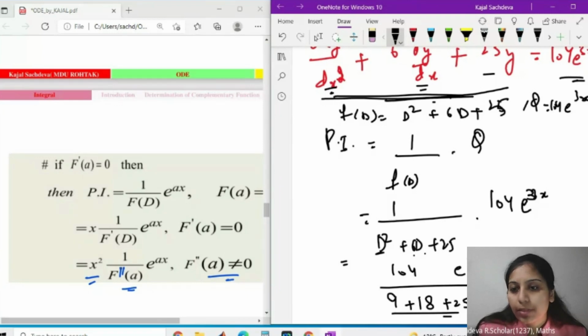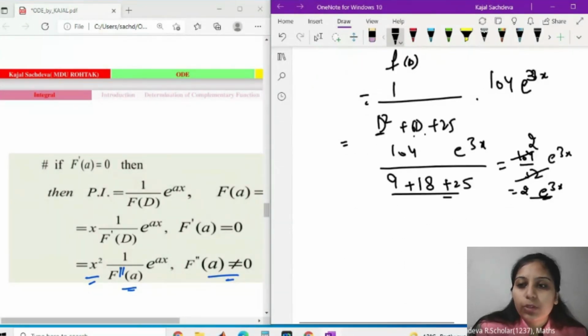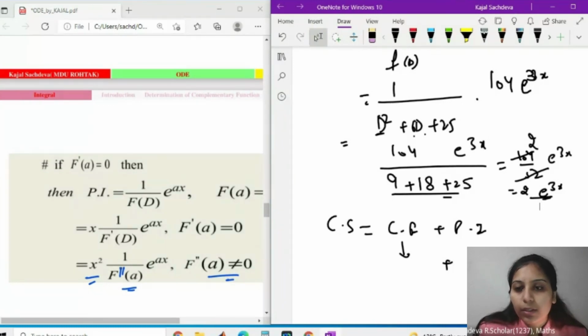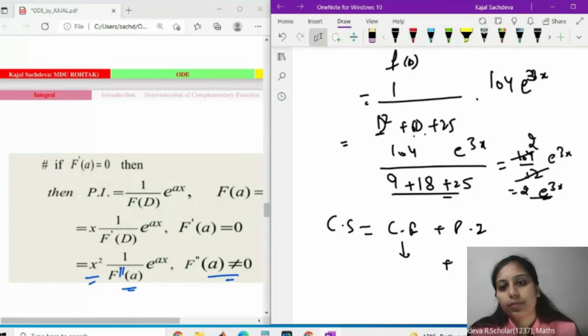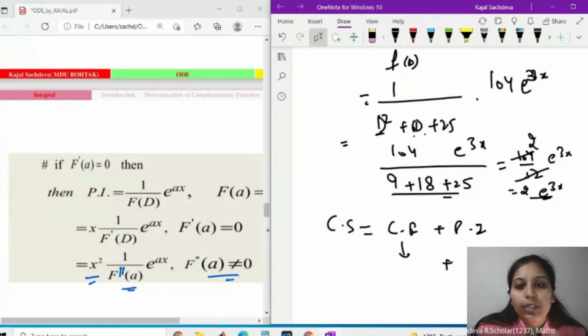So 104 e^(3x)/52 cancels out to give 2e^(3x). So this is our PI, and for the complete solution we just write CF + PI. CF can be found in a similar way, plus the PI we have found, 2e^(3x). So this is the way for finding it when Q is equal to e raised to power ax.